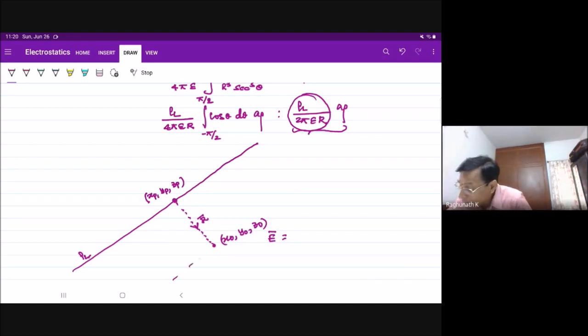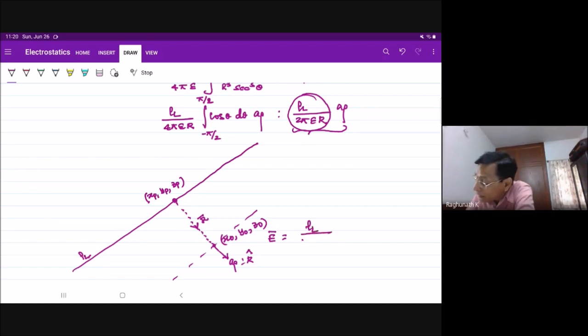This definitely is the cylinder passing through this point, part of the cylindrical surface, and r cap is a rho. A rho is equal to r cap, because of which electric field intensity is rho L by 2 pi epsilon mod r bar whole squared into r bar.